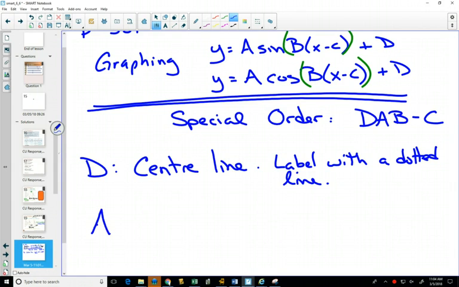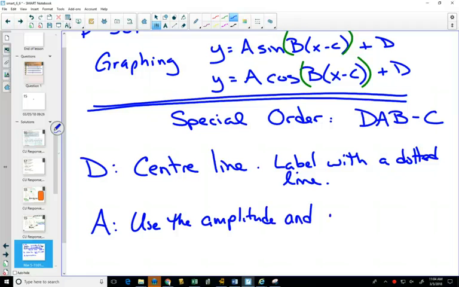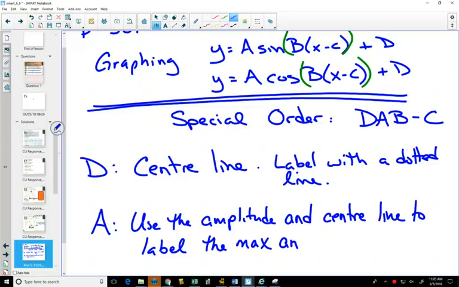We'll then look at our amplitude. We'll use our amplitude and the center line to label the max and minimum values. So you'll be able to see the range right away.